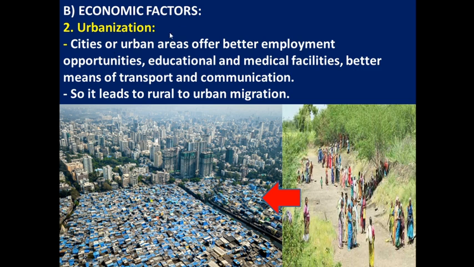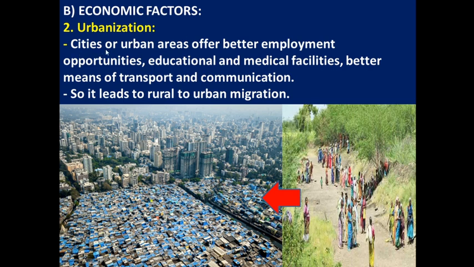The second economic factor is urbanization. First we need to know what urbanization means. Urban means cities or towns. Urbanization means the process of increase in the size of the urban population. Urban means we are talking about towns and cities.